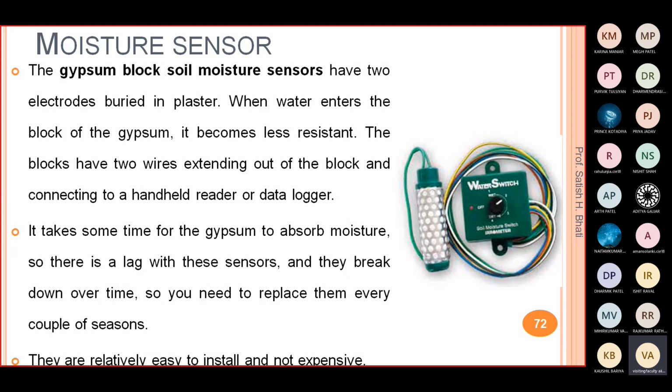In the data sheet they will tell you the lifetime of this gypsum block soil moisture sensor. The main advantage of this type is that they are relatively very easy to install, and they are not that expensive.